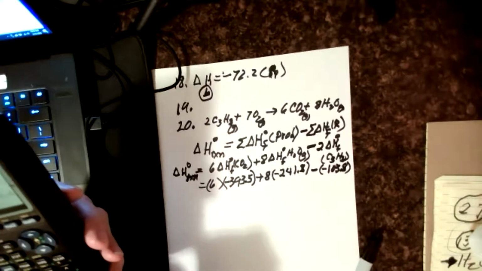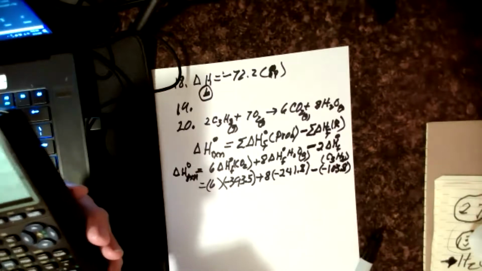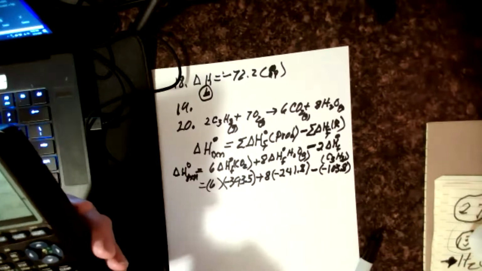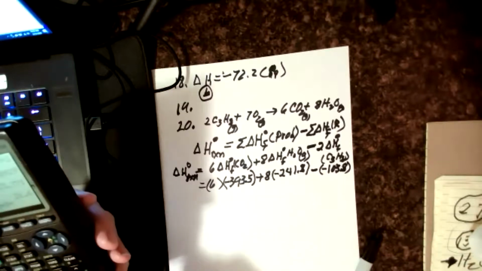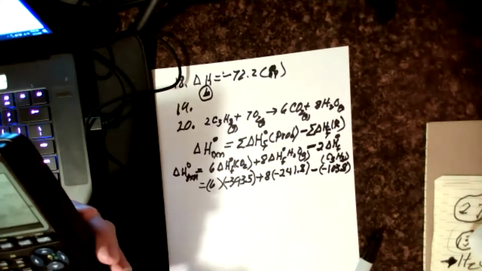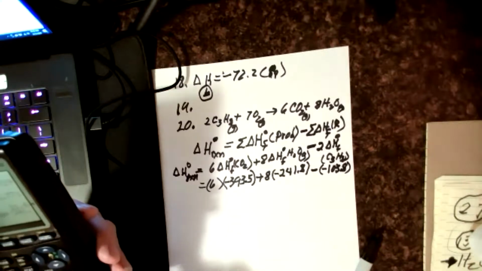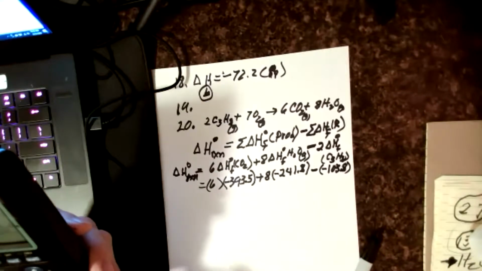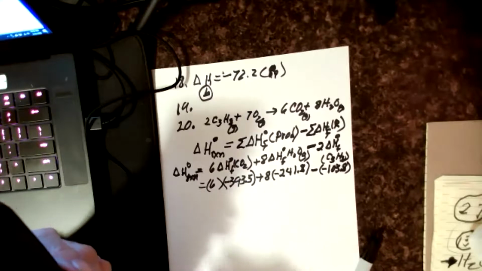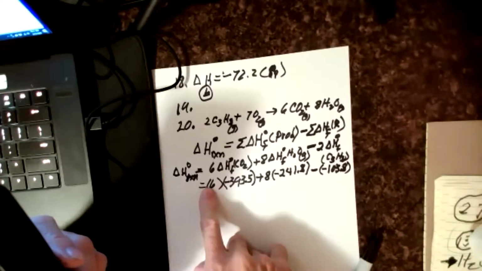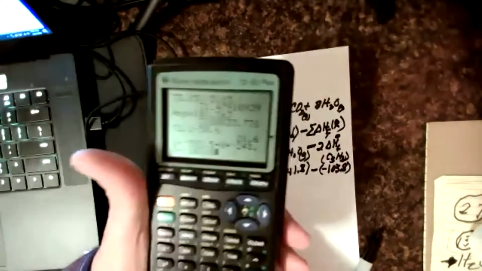I'm going to say 6 times minus 393.5 plus 8 times minus 241.8 minus a minus 103.8.